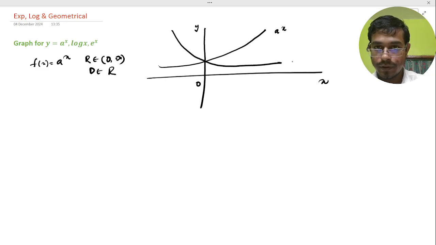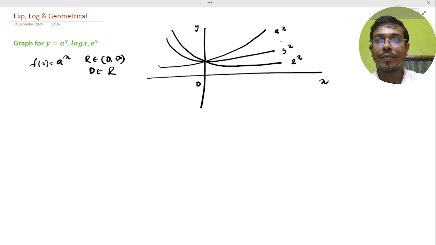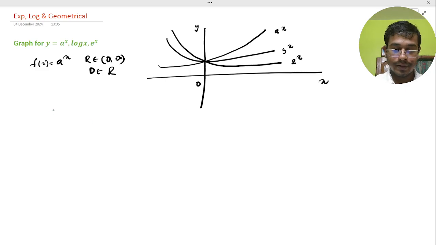Suppose we have 2 to the power x, a equal to 2. Another one is 3 to the power x, 4 to the power x, and so on, a to the power x. Second one, we deduce log x.